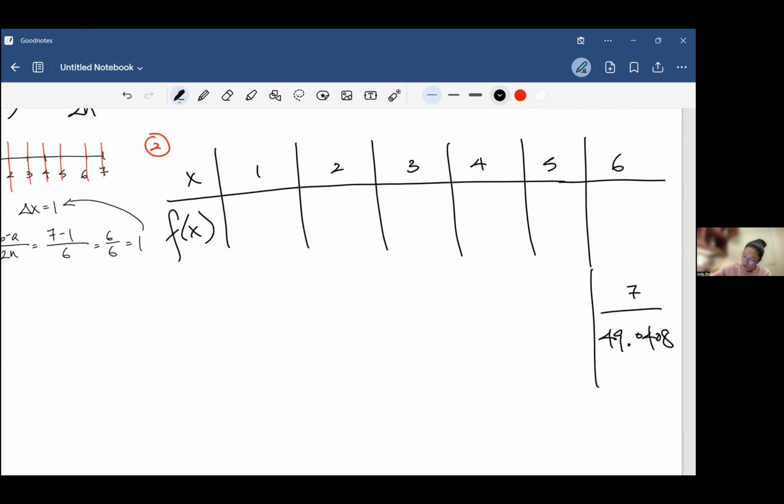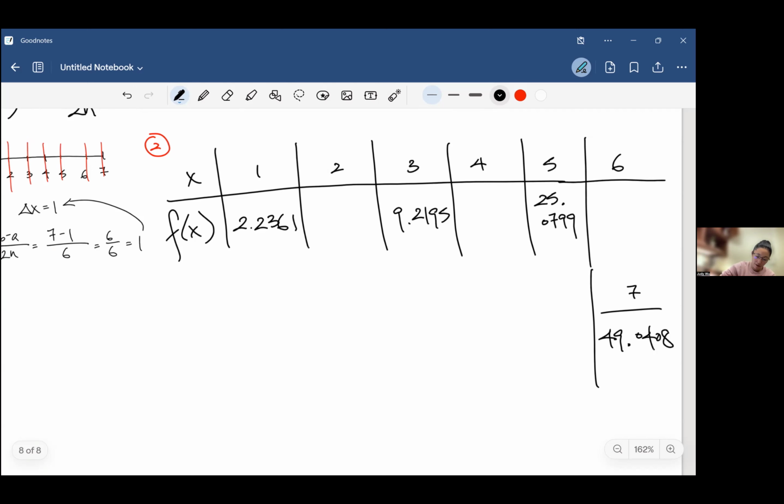I know for the 5 value, it is 25.0799. I know for the 3 value, it's 9.2195. And I know for the 1 value, I have 2.2361. Okay, so really, I just need to find the 2, the 4, and the 6 y value. So let me go ahead and do that.